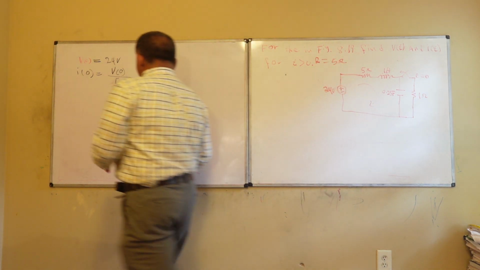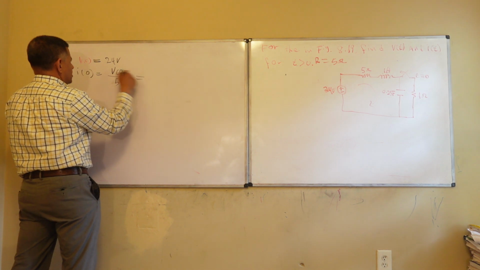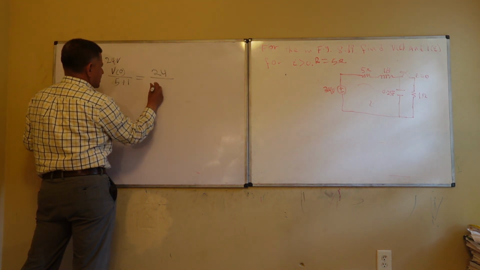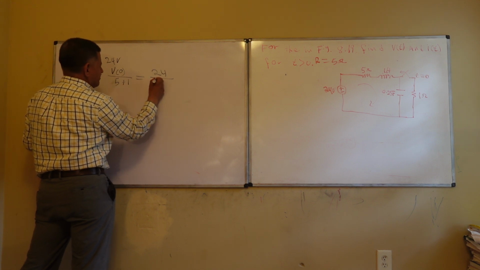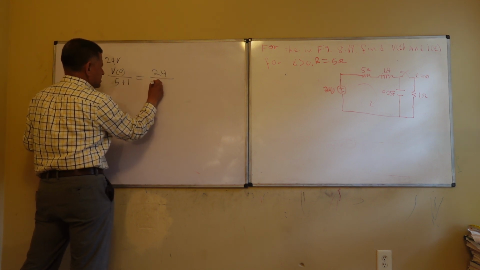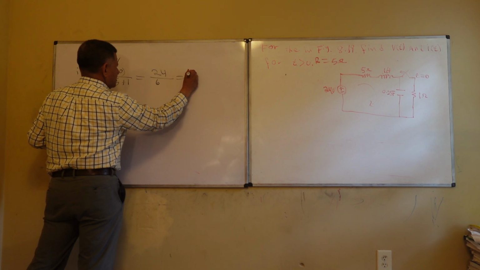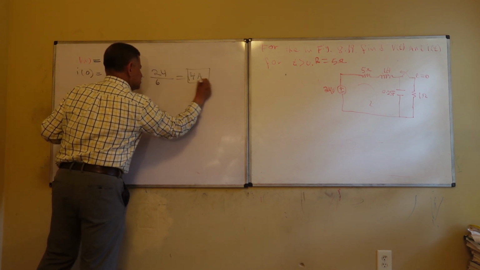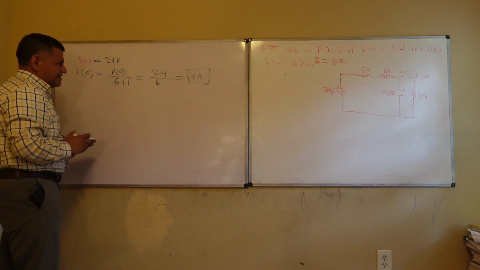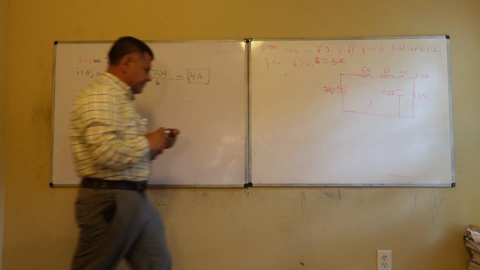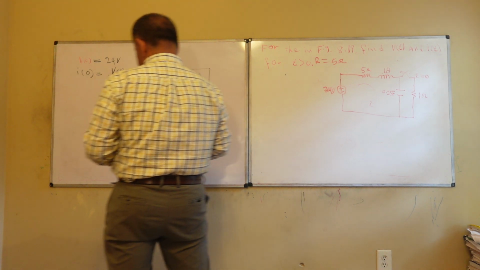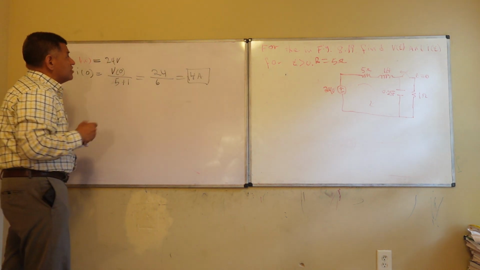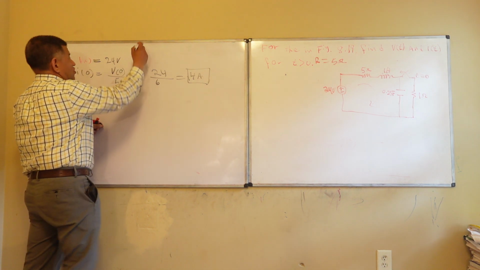So now at that moment, we put the 24 volts in there and have 6 in the bottom, which is going to be 4 amps. That's the current going through that circuit at that moment, the total current. So we found one condition already.